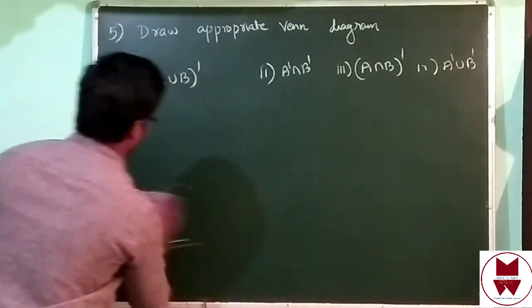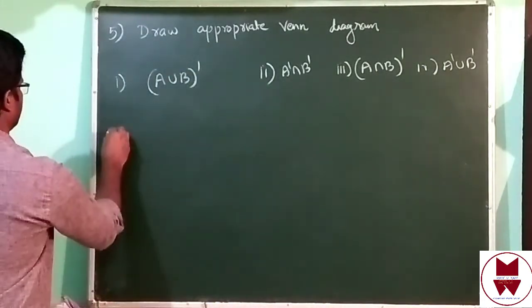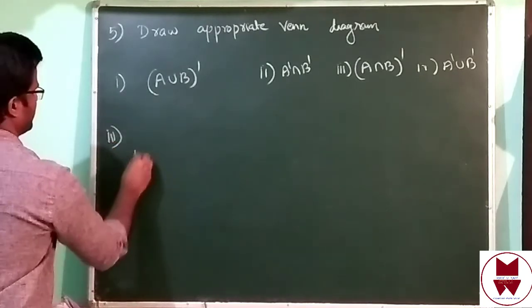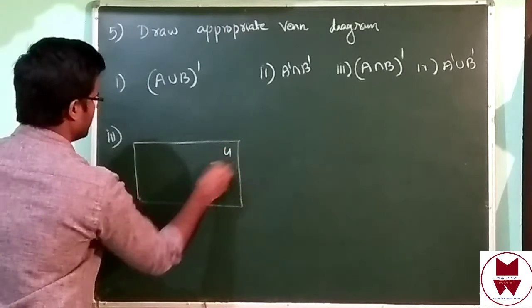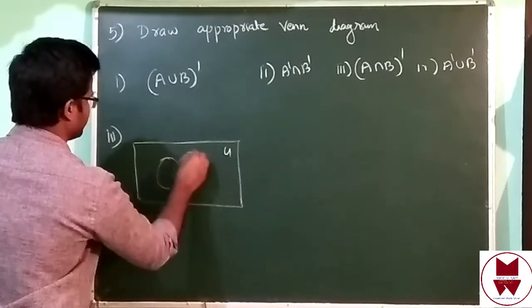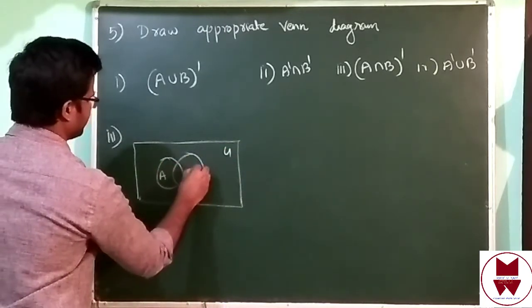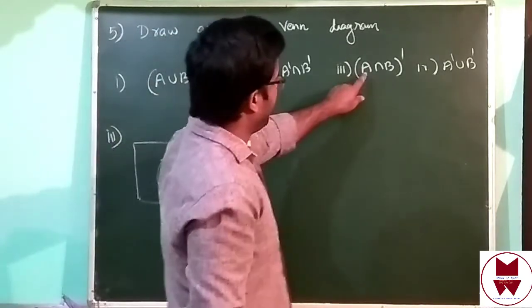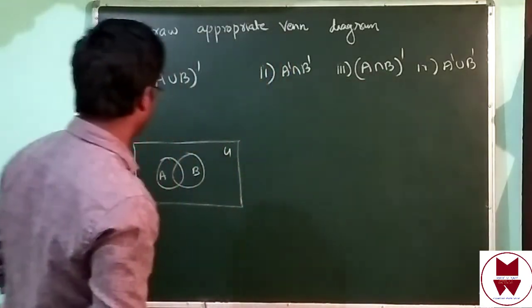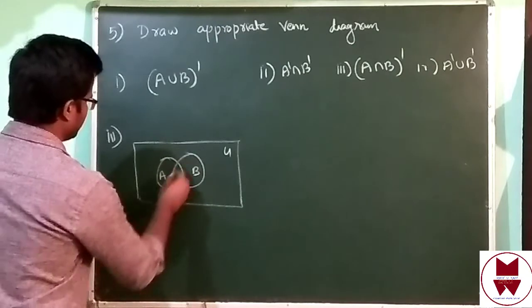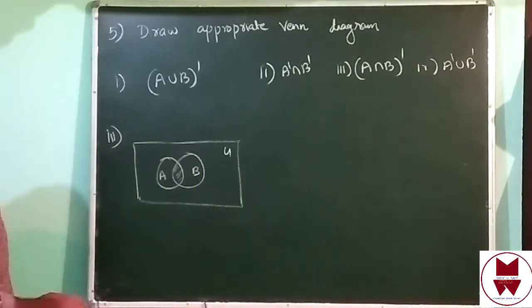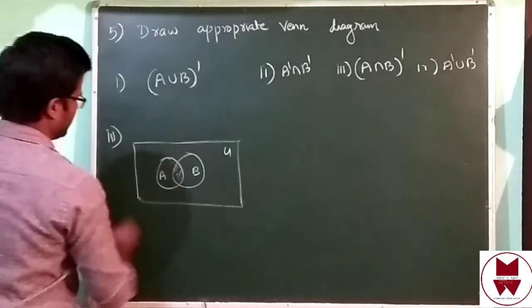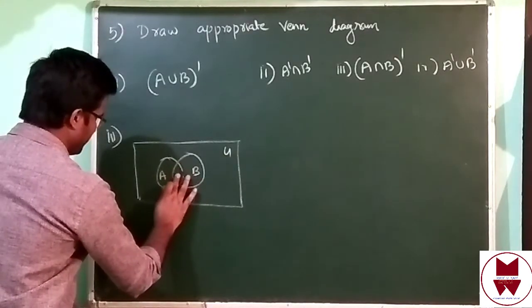Now 3 and 4 we can see. For 3, first draw one universal set U. Then two sets A and B. A intersection B. What is A intersection B? That means this common region, this middle part. Then we need the complement, so this common part we will not consider.